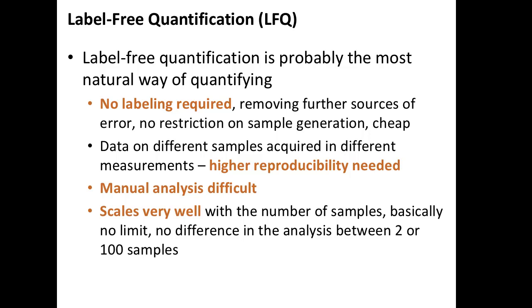The data is acquired on different samples, in different measurements that might give you trouble, and also the manual analysis is more difficult. If you look at SILAC or iTRAQ, you can often do the quantification just by looking at one spectrum. With label-free quantification, you need more advanced methods to actually do that.